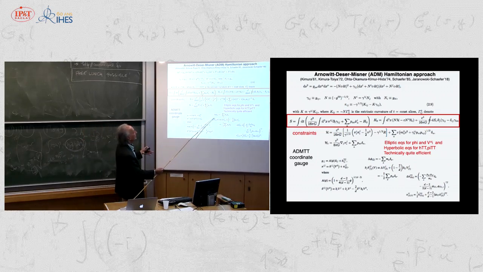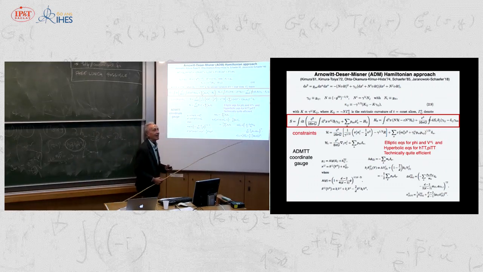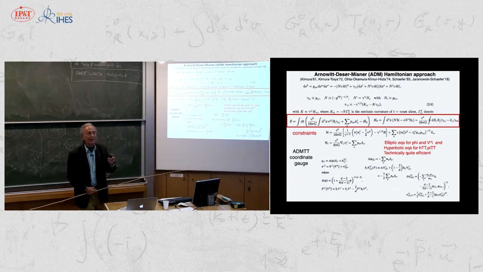And evidently, if you solve H and H_i equal to 0, it looks like the Hamiltonian is 0 now, okay? Because it was linear in the Lagrange multiplier. But there is a surface term, and actually the action is entirely due to the surface term that you can compute from the solution of these elliptic equations. You have part of the dynamics linked to gamma ij, which is still hyperbolic.